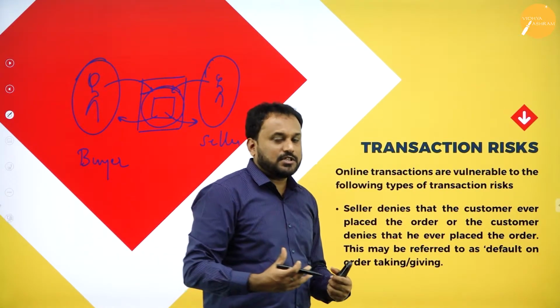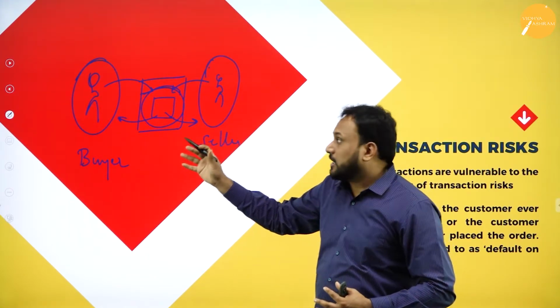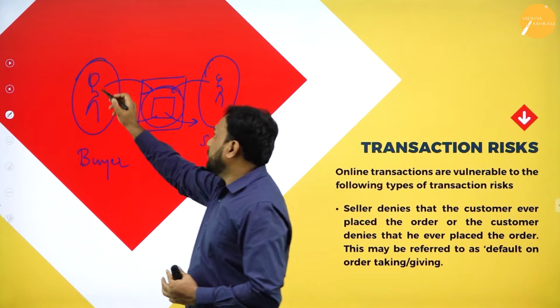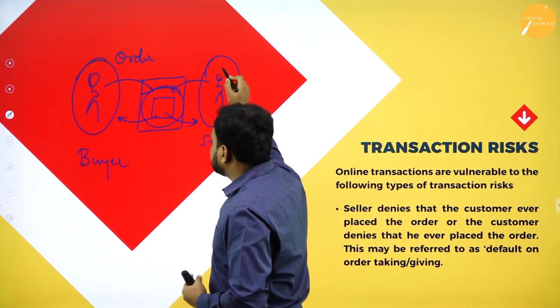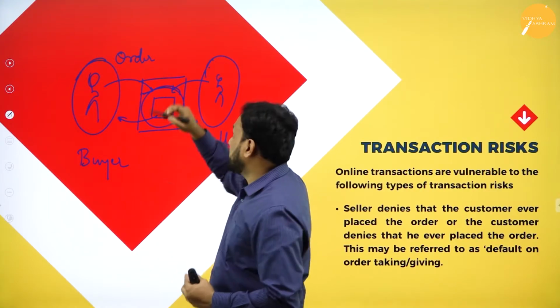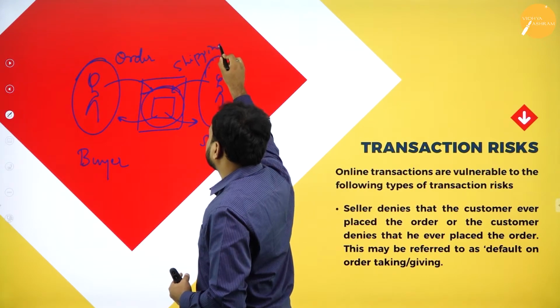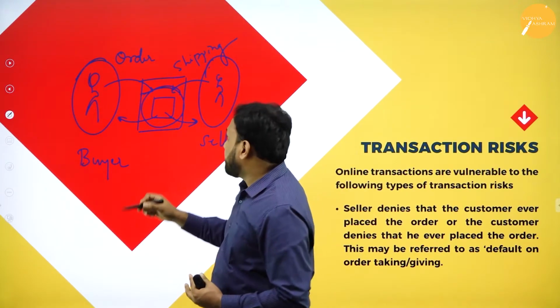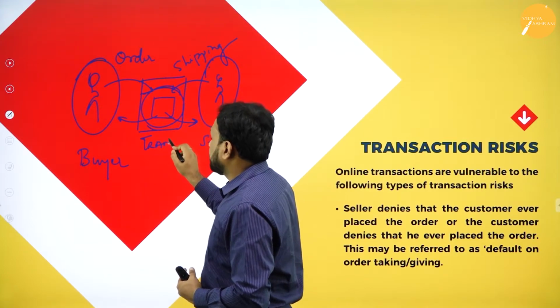You have a buyer, then you have a seller. Now the process happens. The buyer will place his order. Now the seller will go for shipping the order. Done. Now what happens here is the transaction.